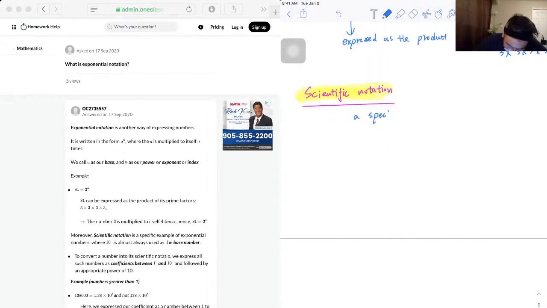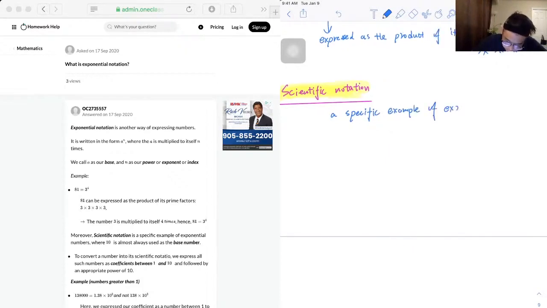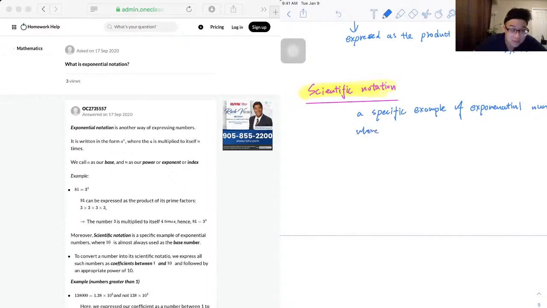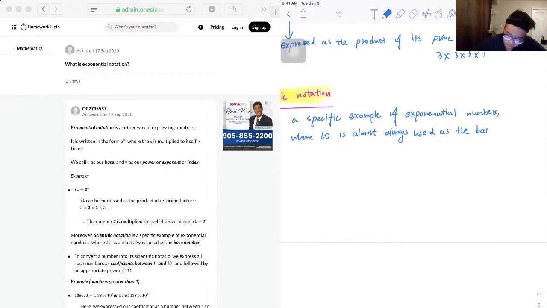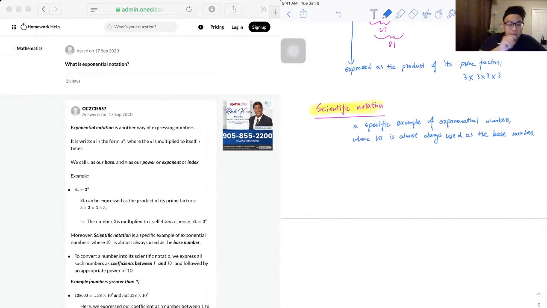A specific example of exponential numbers where 10 is almost always used as a base number. It's the base number. Right.